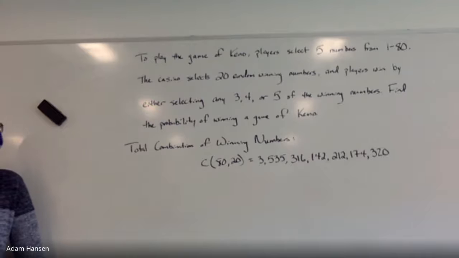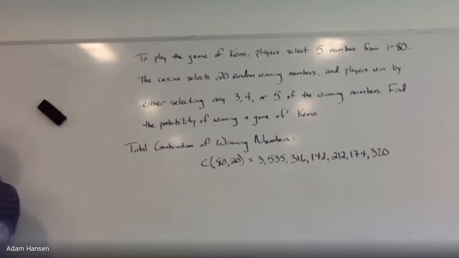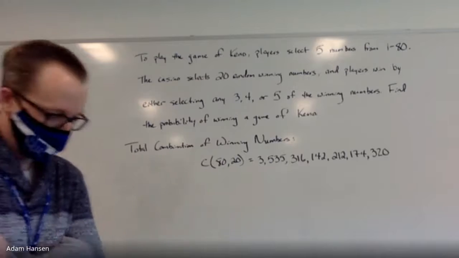What would you do? 20 choose 3 and 20 choose 4. I gotta get 5 numbers. I've only picked 3 of them to win with. How many numbers did I lose if only 3 of them were winners? 2. How many losing numbers are there? 60.